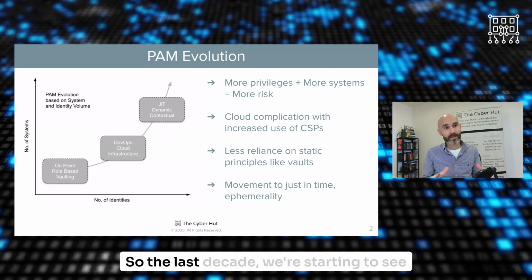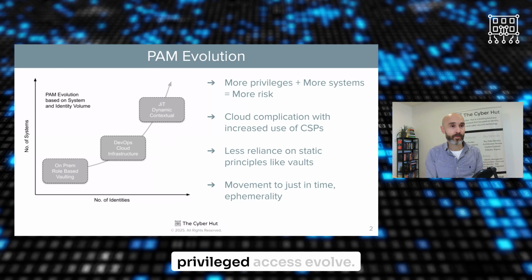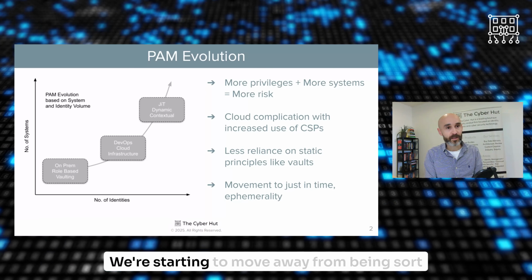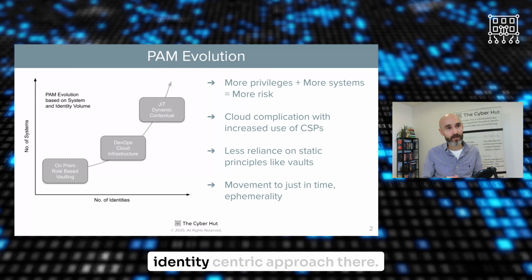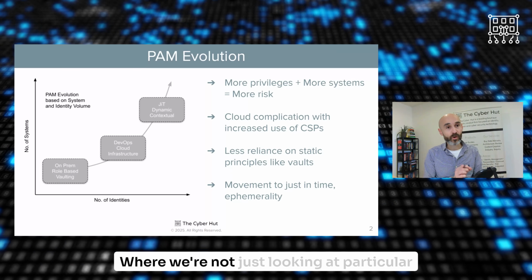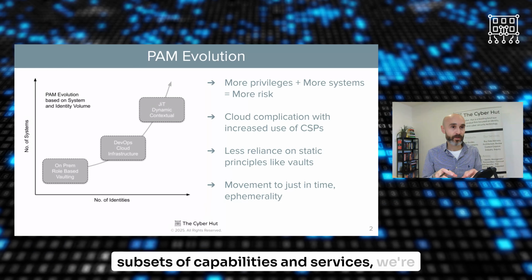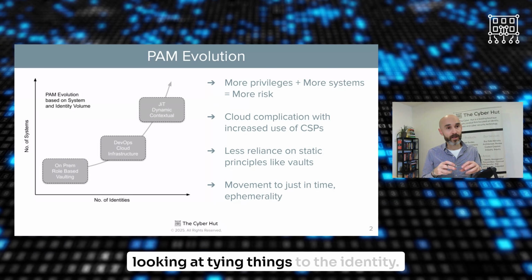So over the last decade, we're starting to see privileged access evolve. It's starting to move away from being system-centric and on-premises to being much more of an access-centric and identity-centric approach, where we're not just looking at particular subsets of capabilities and services. We're looking at tying things to the identity.